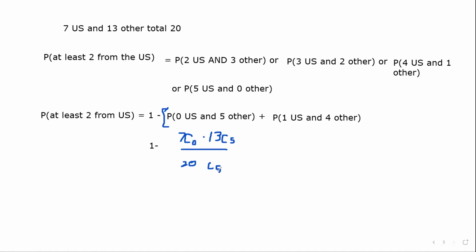Now the second part of this, and for those of you who are watching this later, who might have tried it and didn't get the answer, you were probably missing the second term. So here, we're going to add 1 US. Remember, there's 7 US, so this is 7 choose 1. And from the 13 that are not, we have 4, so this is going to be 13 choose 4.